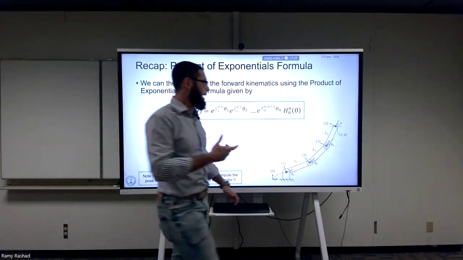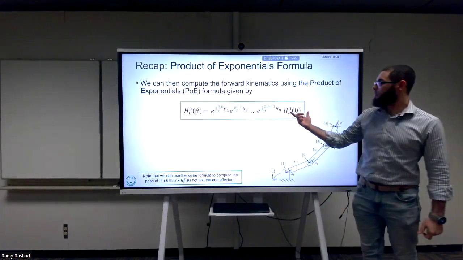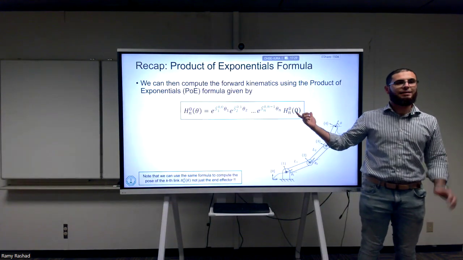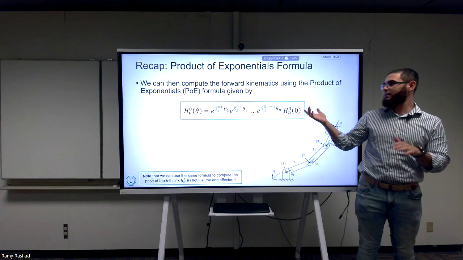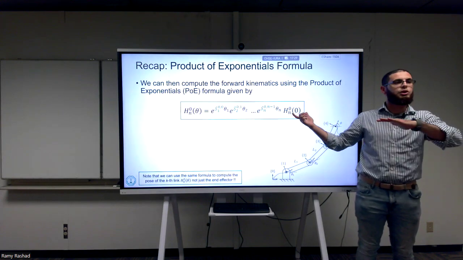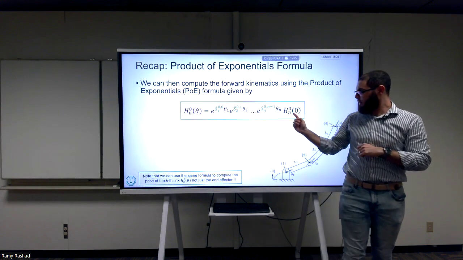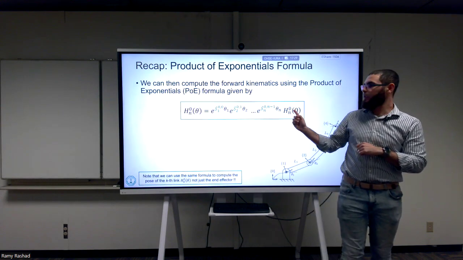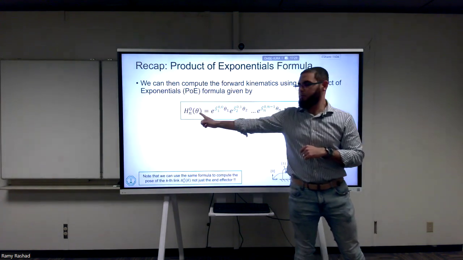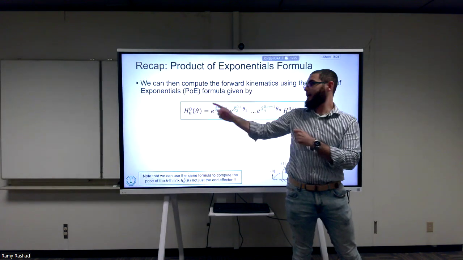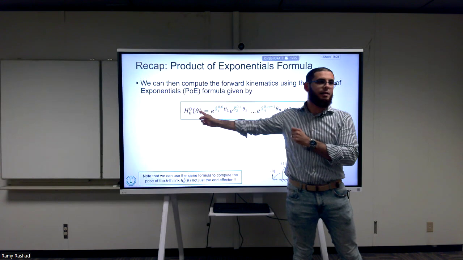It simply says that if I know the initial pose at time 0, meaning at home position, the relative pose of the end effector with respect to the stationary frame, when all of the angles theta are 0, where theta here is a vector of all of the joint angles.